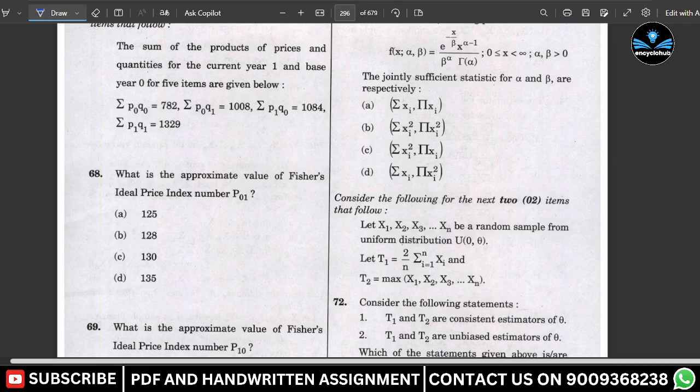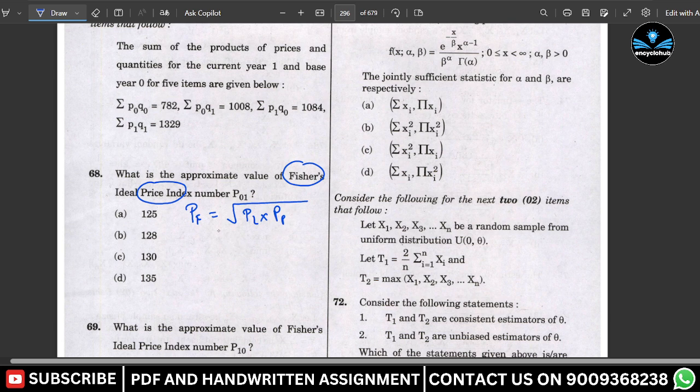In this one, we are finding the value of Fisher's price index numbers. So, for Fisher's price index, we have a formula. Fisher price index equals the square root of the Laspeyres index into the Paasche index.